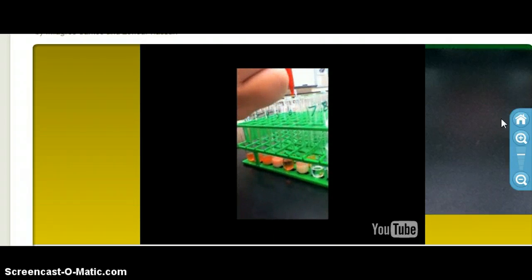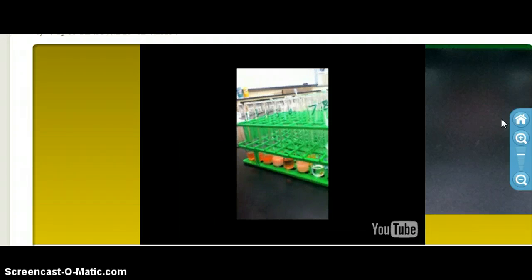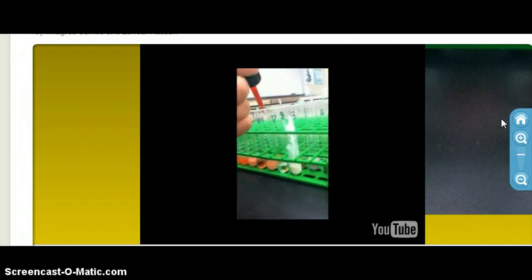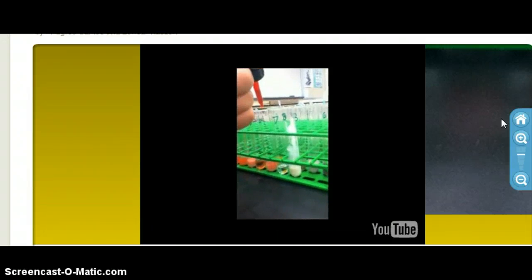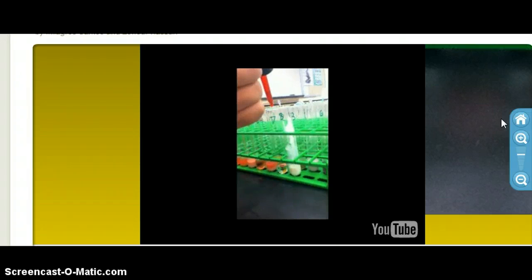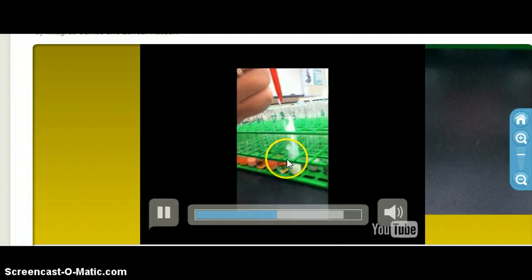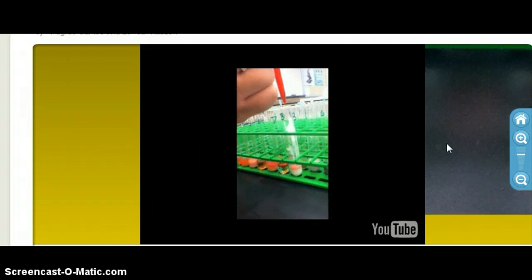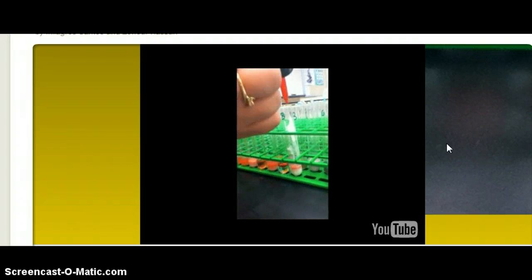We are adding 9 drops of this solution into our different test tubes. Sudan 5. 4 and number 6 are unknown solutions, and number 7 is vegetable oil, and we're also using number 8, the cream. So let's see how this goes.